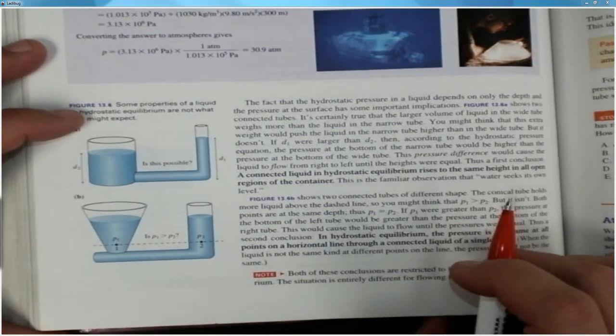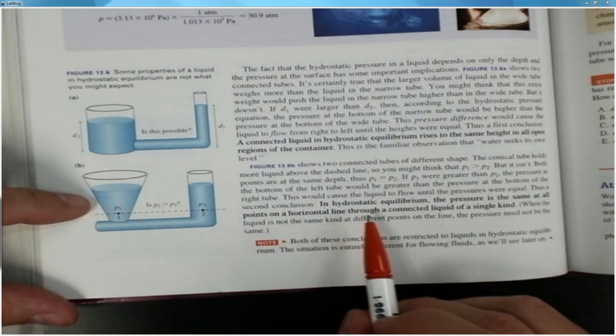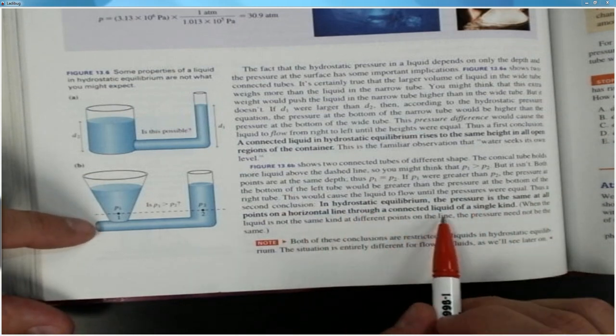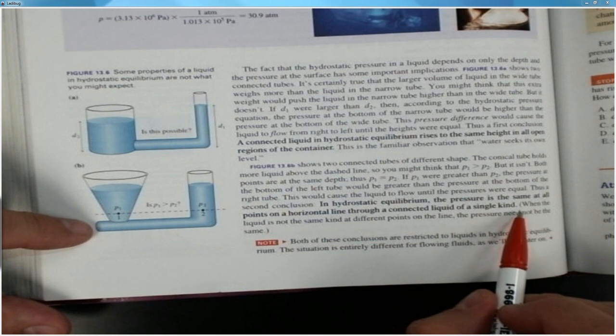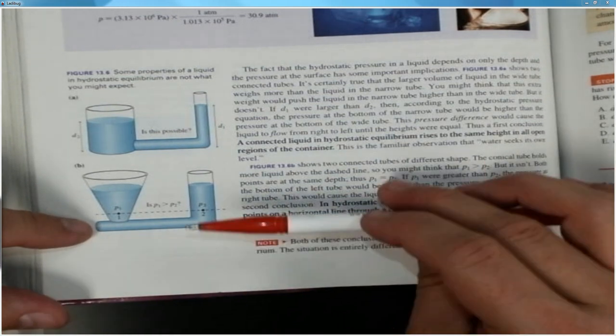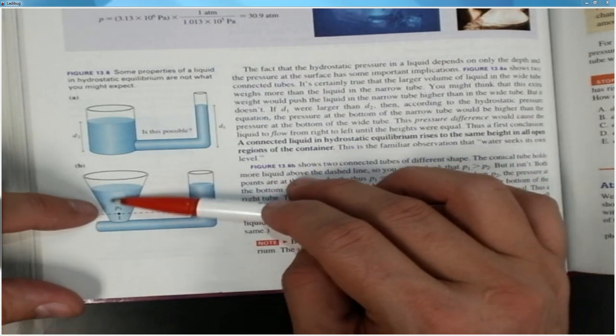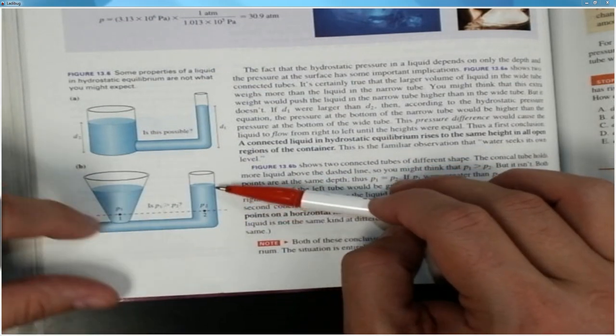Okay, let's look at this one. This says, in hydrostatic equilibrium, the pressure is the same at all points on a horizontal line through a connected liquid of a single kind. Even the kids have trouble with this. You see how it looks like there's more water above this point than there is above this point?